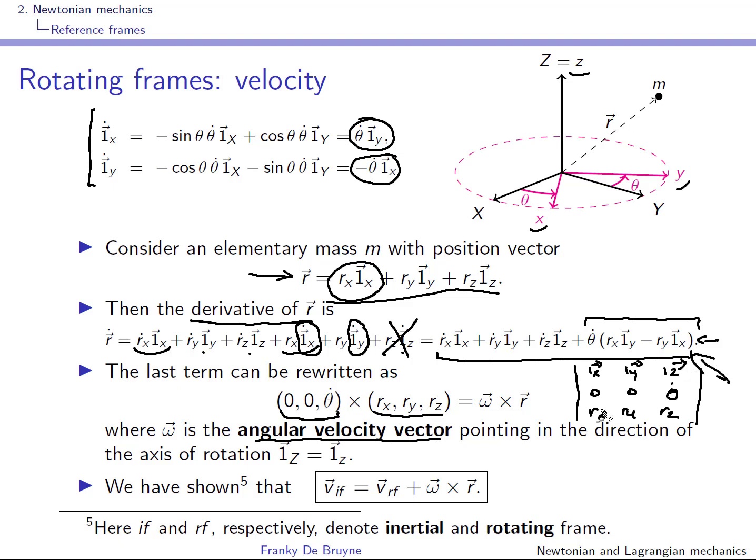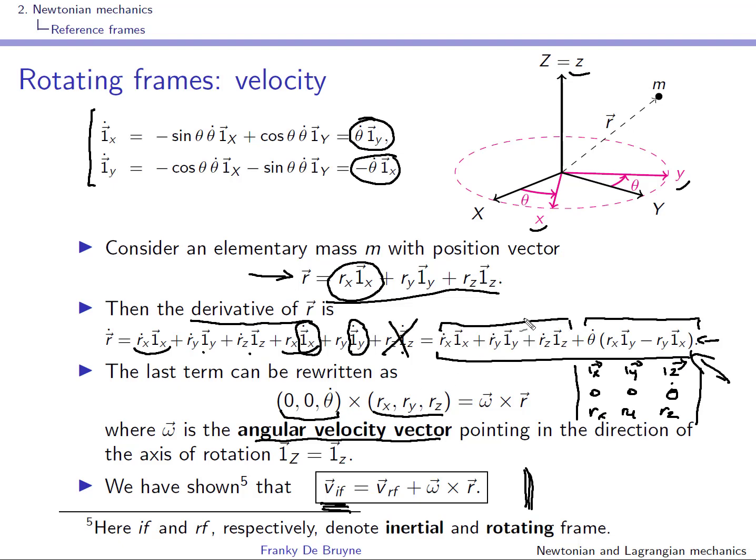So what have we shown? We have seen that the velocity vector in the inertial frame can also be written in the non-inertial reference frame, and then you need this thing here.